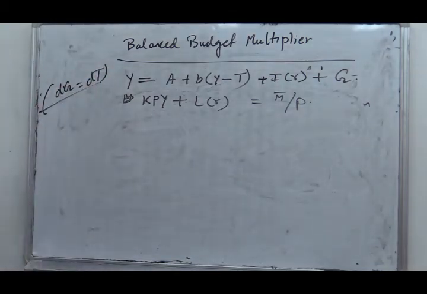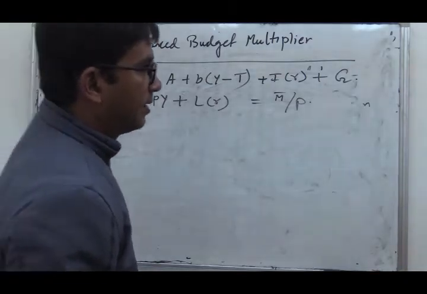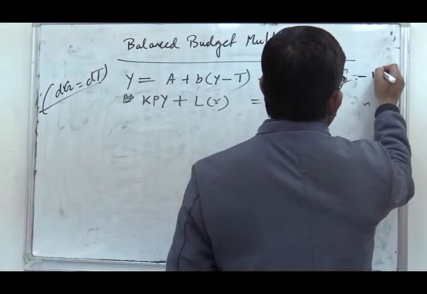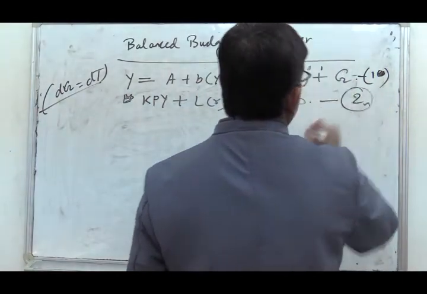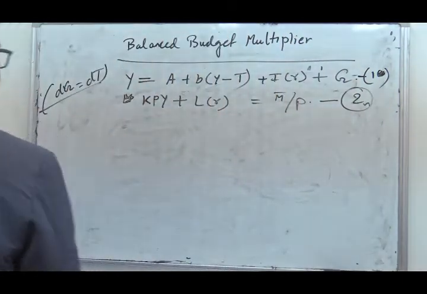So both T and G are variable. This is equation 1, this is equation 2.